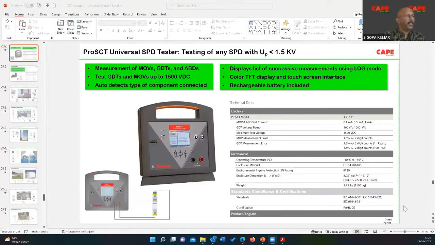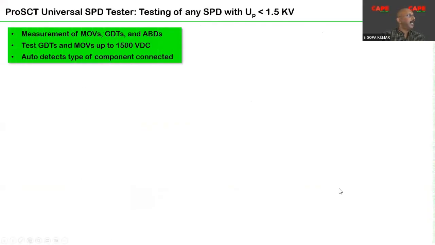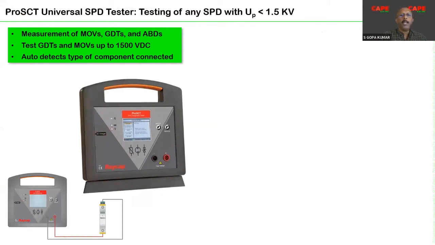Whatever you are seeing on the screen is an SPD tester. It is a device with which any kind of devices, SPDs or MOVs or GD tubes or silicon avalanche breakdown diodes, can be tested.